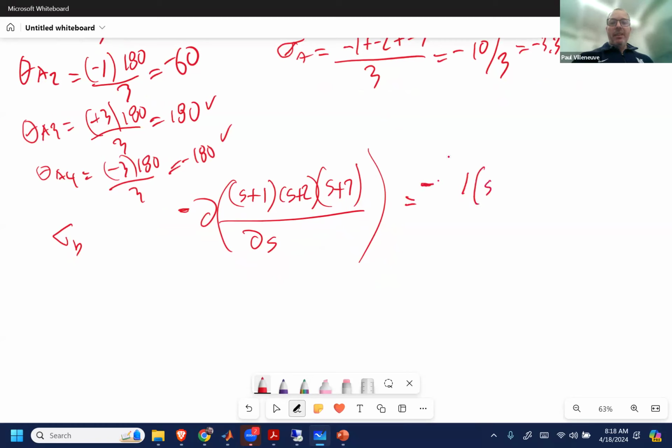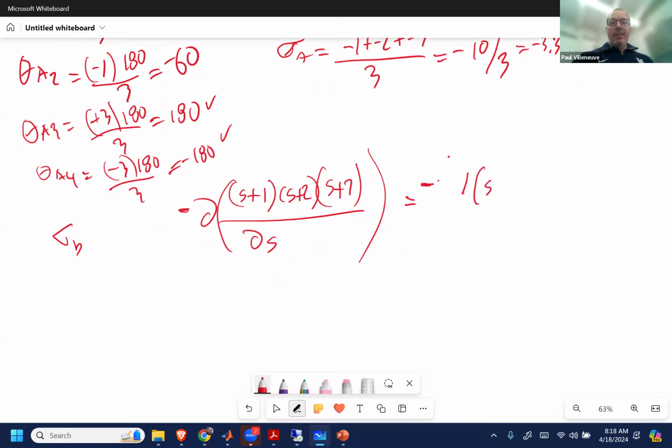Now I sum all those terms, and I have -1 times 3s squared. I have 9, 8, 17, 20s. And then I have 21 plus 2, 23. I set that equal to 0 and solve for the root.